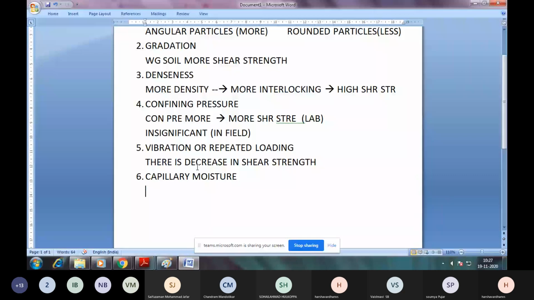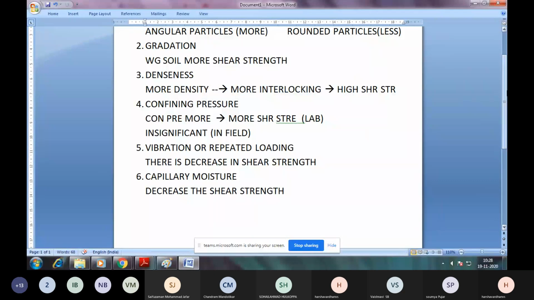The shear strength of sand is mainly due to the friction between the soil particles, because there is little or no cohesion. When you add water to the soil mass, that water gives a lubrication effect, decreasing the friction between the soil particles, and hence the capillary moisture is going to decrease the shear strength.